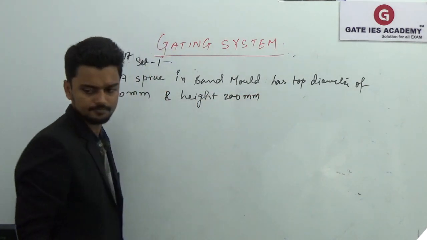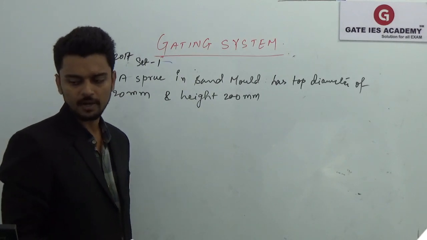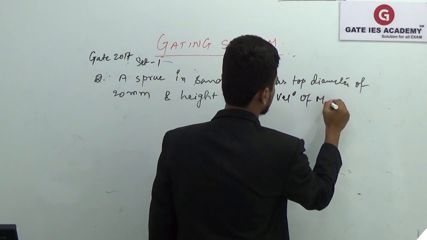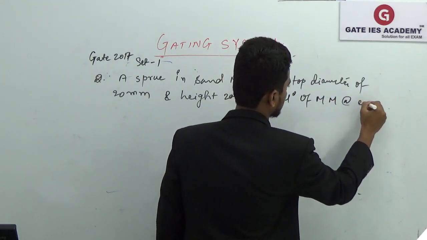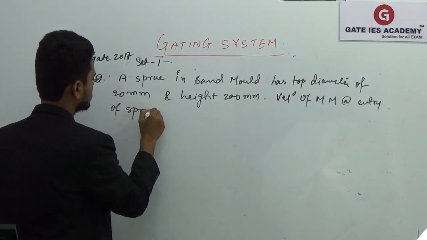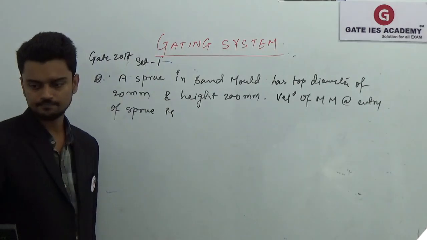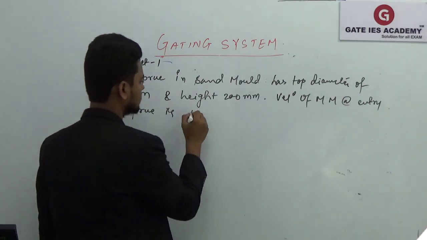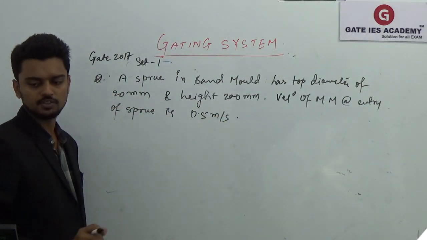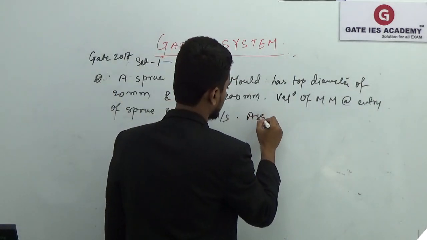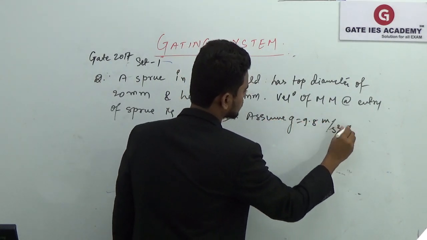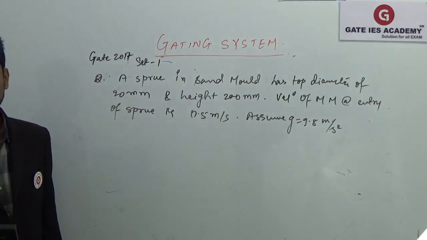The velocity of the molten metal at the entry of the sprue is 0.5 meter per second, and assume g equal to 9.8 meter per second square, and neglect all the losses.